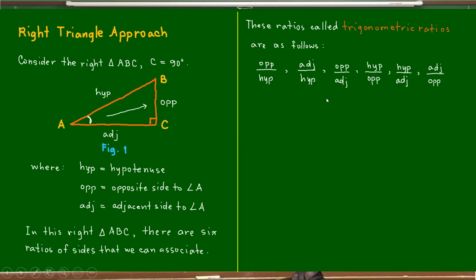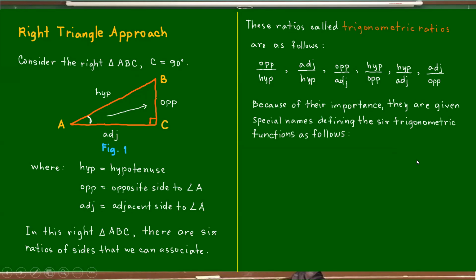So these ratios, again, are called trigonometric ratios. Okay? And of course, these are trigonometric functions. And they are called trigonometric ratios because we obtain them from what? From the ratios of the sides of a right triangle.